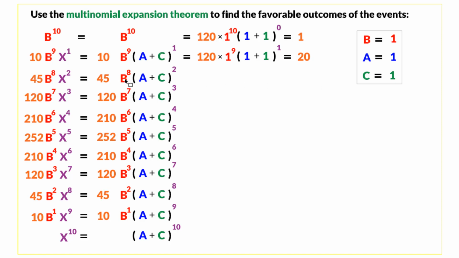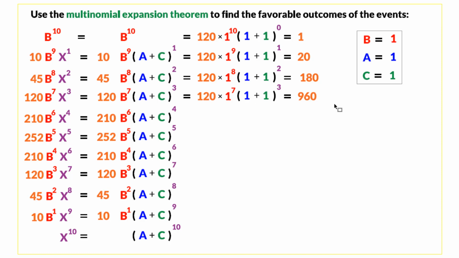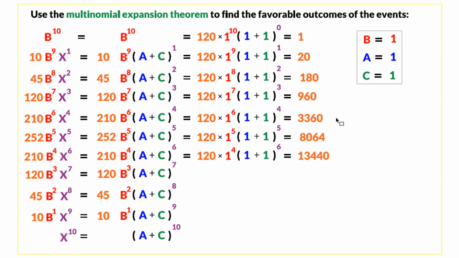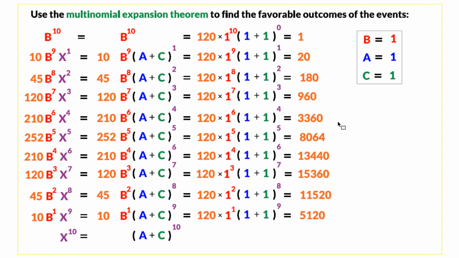For this event here, 8 balls in B, we get 180. For 7 balls in B we get 960, and we keep doing that until the last event.